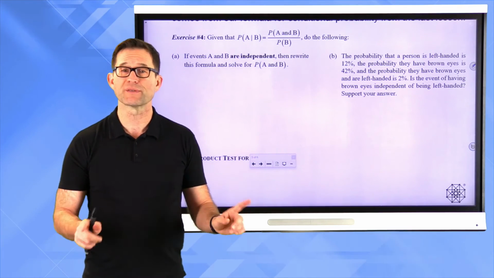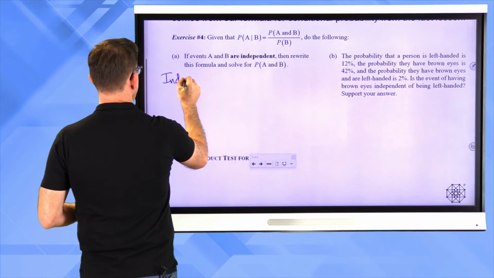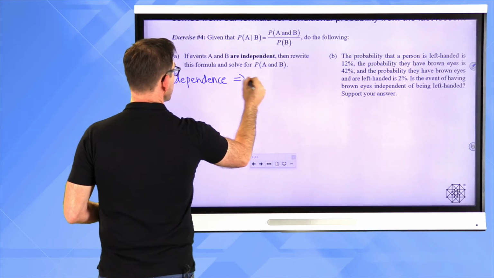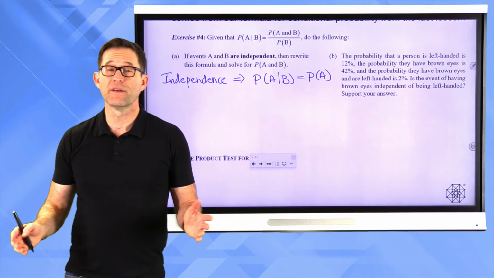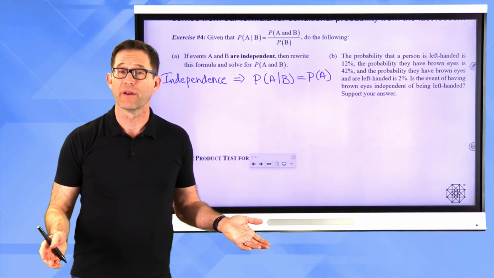It always works. But if we have independence, then independence implies that the probability of A given B is just equal to the overall probability of A. That's literally the definition of independence. The probability of A given B is just the probability of A.